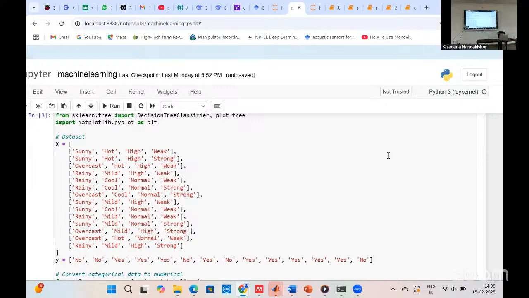In the given example, they have given one data set. We have to draw the decision tree for the given data set. In the given example, we have both classified data and regression data. You all know what classified data is.